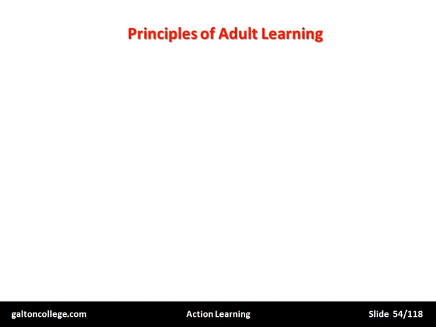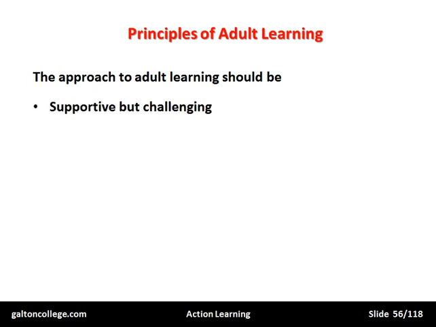Now, the principles of adult learning. Well, the approach to adult learning should be supportive but challenging. I mean, adults have got strong opinions about things, and be the opinions right or wrong, they have got strong opinions.